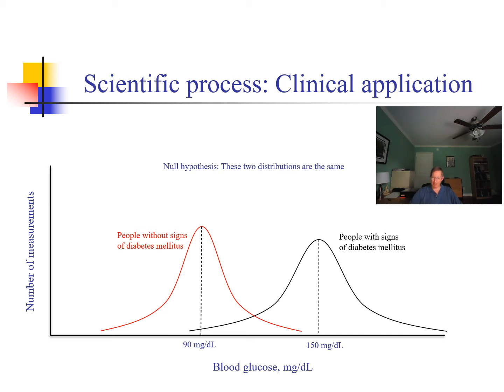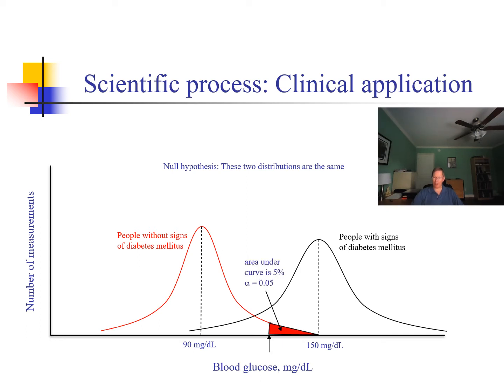Now, if I make that null hypothesis and I try to demonstrate whether it's true or not, I need to figure out what blood glucose value corresponds to an area on this curve, which are my normals, or presumed to be my normals, that corresponds to this area of 5%. That is, I'm willing to accept that I'm going to be wrong if the blood glucose is higher, up here. You can do those calculations.